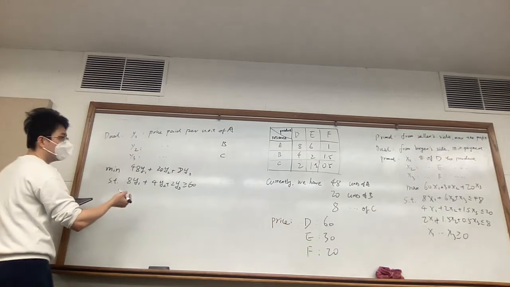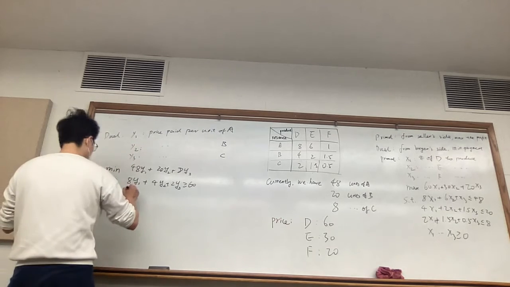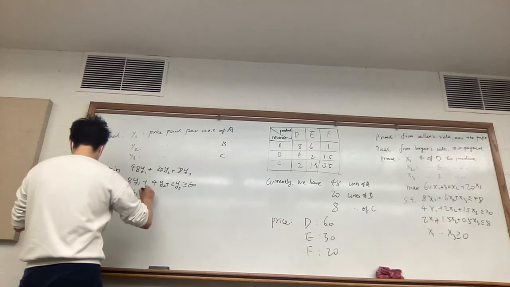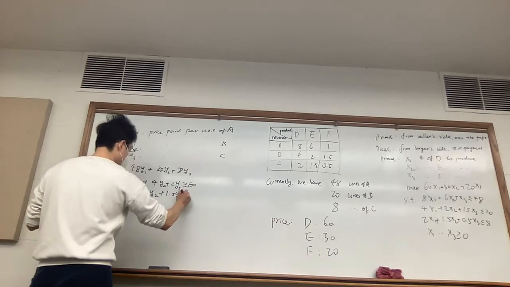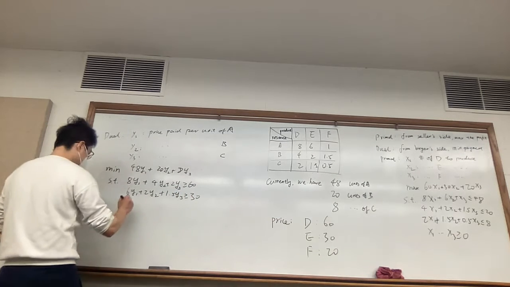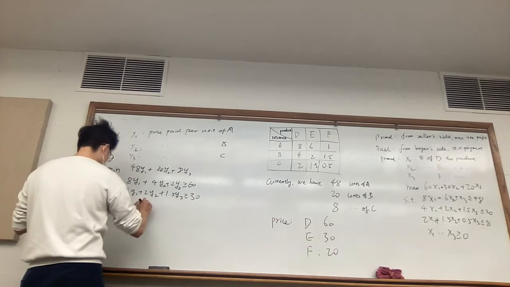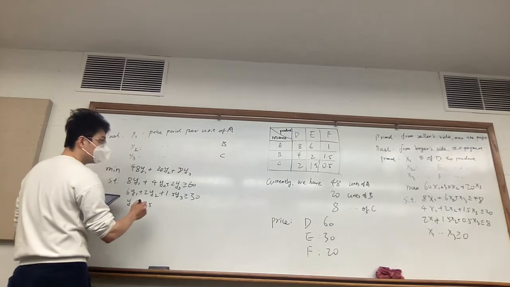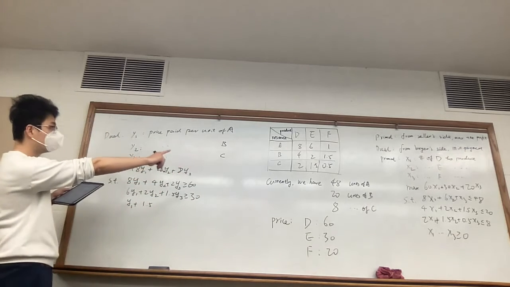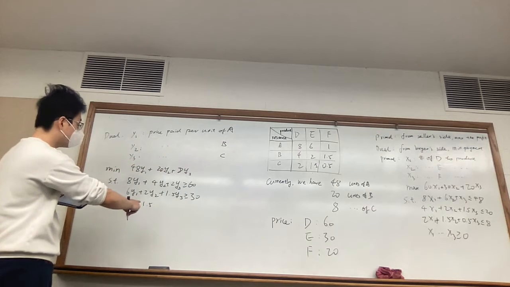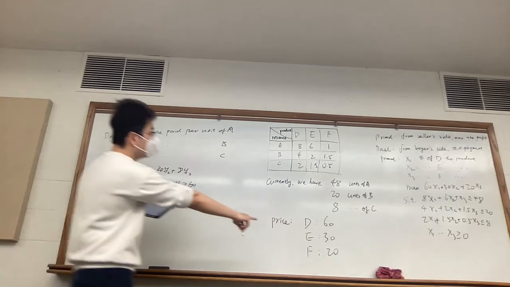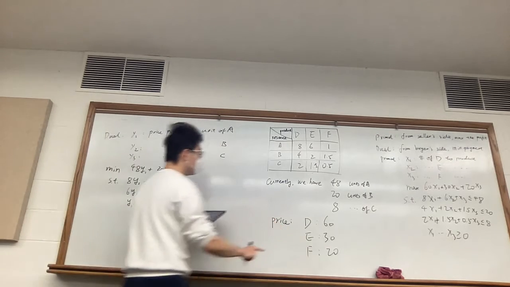This is for product D, and 6y1 plus 2y2 plus 1.5y3 is at least 30, and y1 plus... 4y1 for the second... Are you sure? Product... oh, sorry, it's my bad.